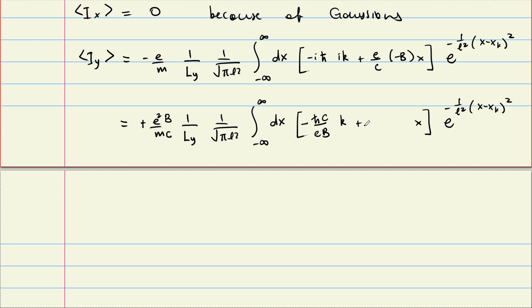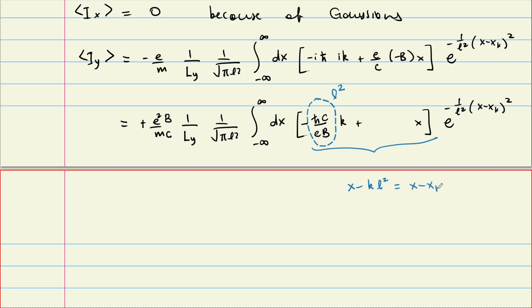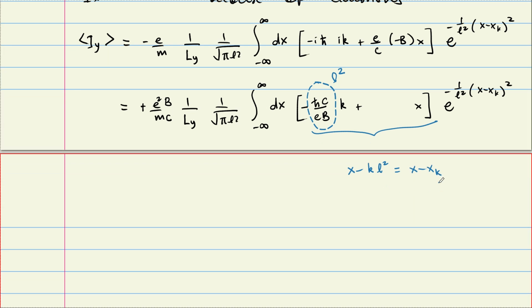And this thing x minus k, and this quantity, this is what we defined to be l squared. So this inside here is going to be x minus xk over l squared, and we are integrating from minus infinity to plus infinity.